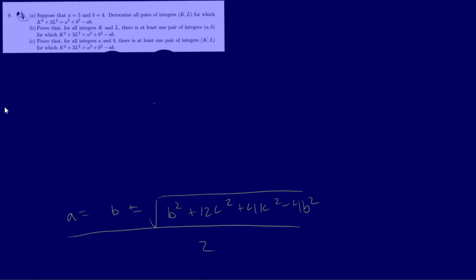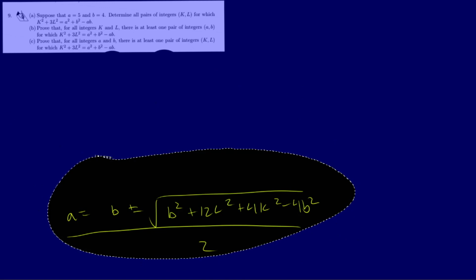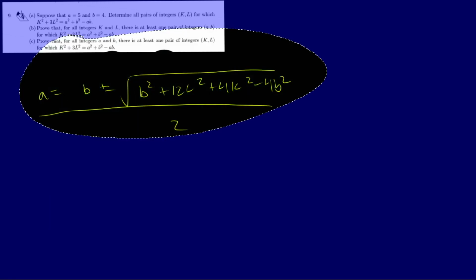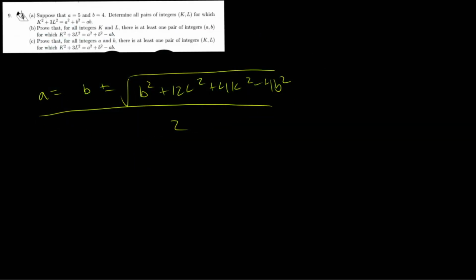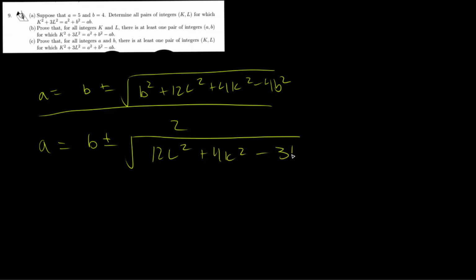Okay, that didn't work. Okay, that worked. And then at this point, we can simplify this a bit, just simplify inside of the root: plus or minus the square root of negative 3b squared plus 12L squared plus 4k squared, all of that over 2.